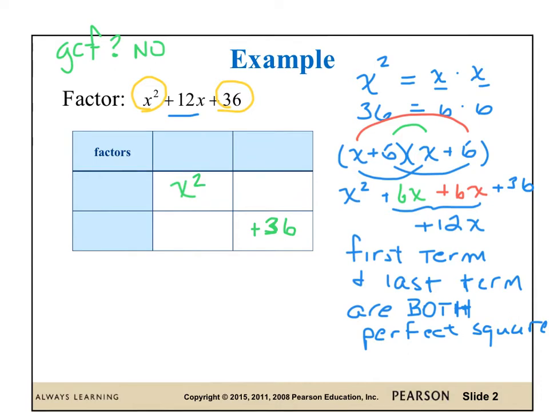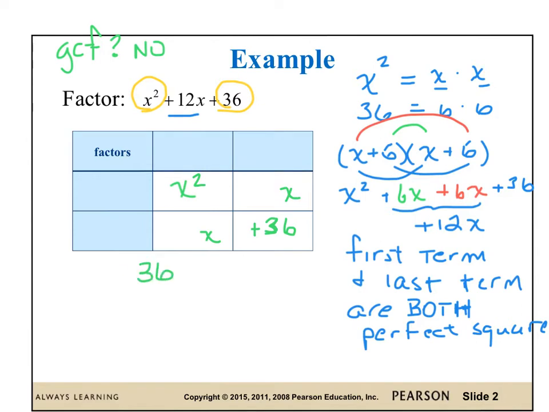And you're looking for a pair of terms that are factors of 36x squared. And since that's going to be x times x, we only need the factors of 36.